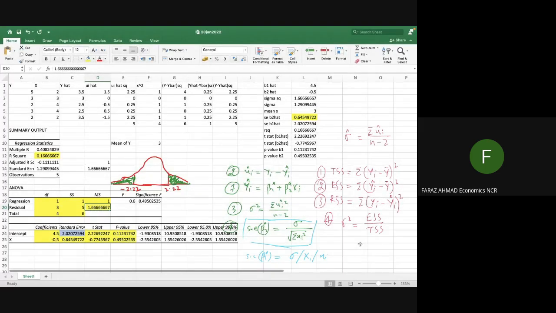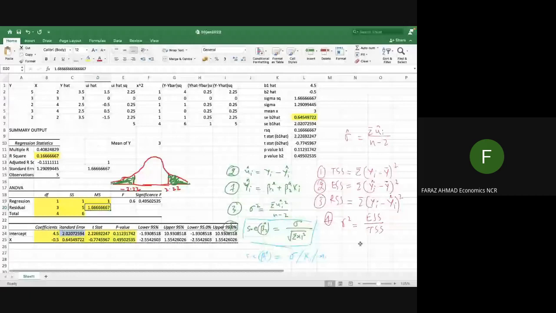So you can understand the meaning from the ratio, that what percentage of total variation was explained by the regression is R squared, and what percentage of residual or RSS is the ESS, right? But we are not taking the sum of squares, but we are taking the mean sum of squares. That's the only difference between F statistic and R squared.